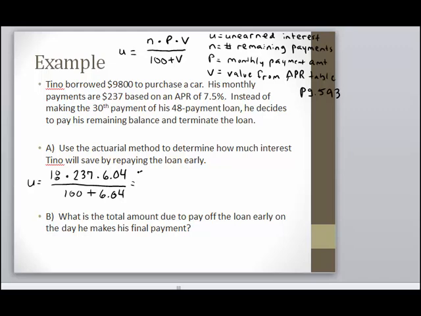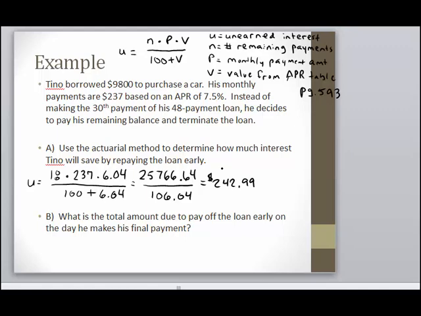That's going to give me 25,766.64. And on the bottom, when we add these two values together, we're going to have 106.04. And when we divide, our final answer will be 242.99. We are rounding to 2 decimal places since this is money.